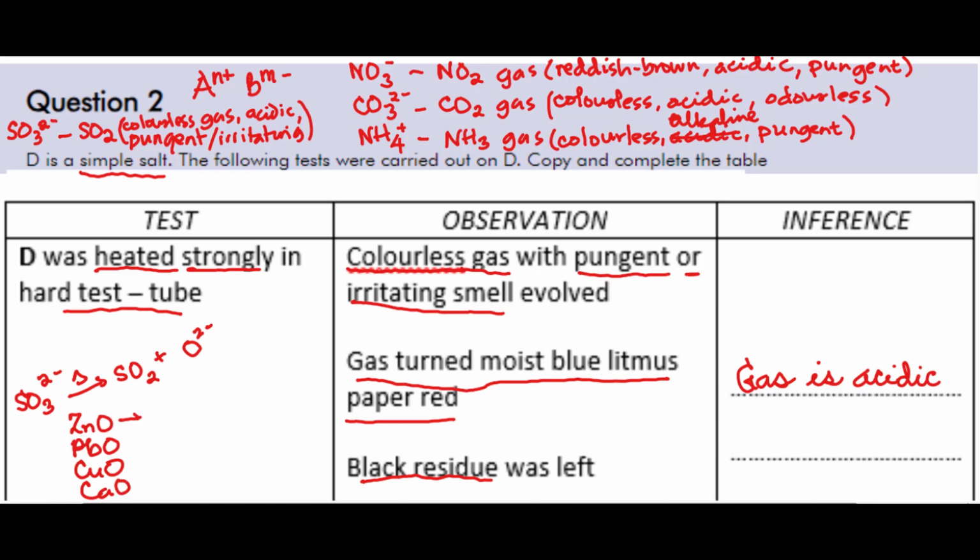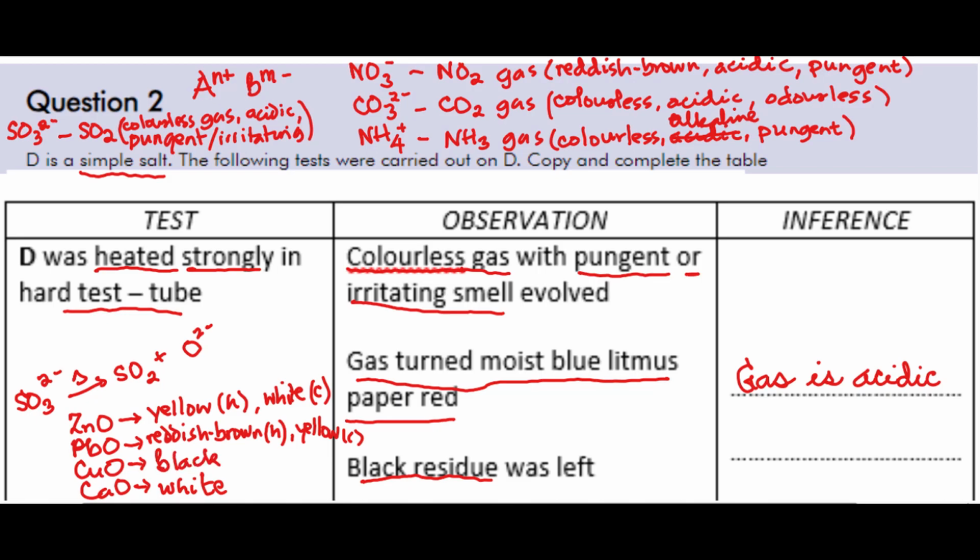Right? We told you in the last tutorial that zinc oxide is yellow when hot and white when cold, while lead 2 oxide is reddish brown when hot and yellow when cold. While copper 2 oxide does not change color, it has only one color. But before we come to copper 2 oxide, calcium oxide also has one color, it does not change color. This one is always what? White. While copper 2 oxide is always what?